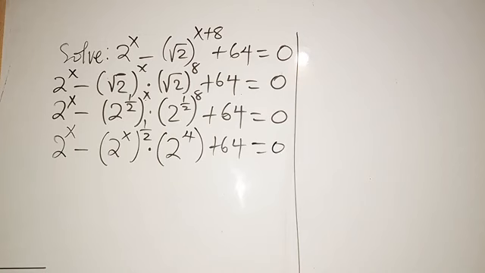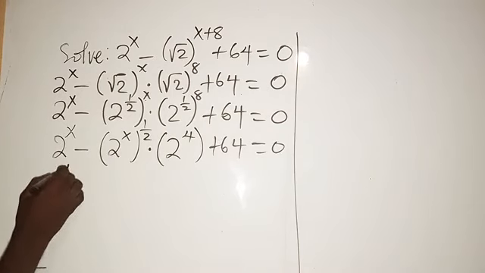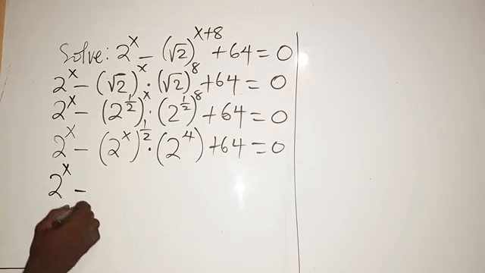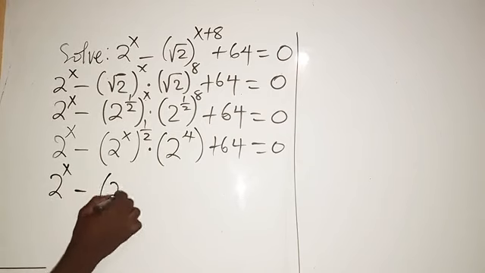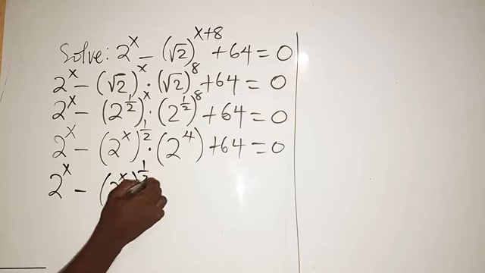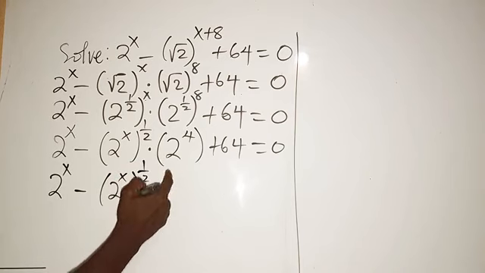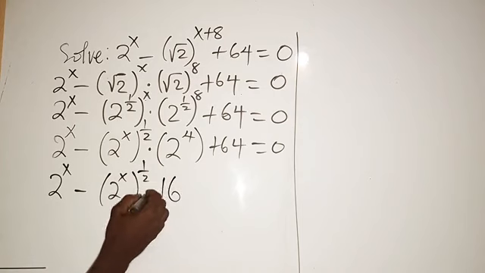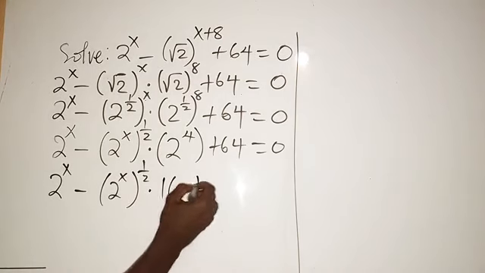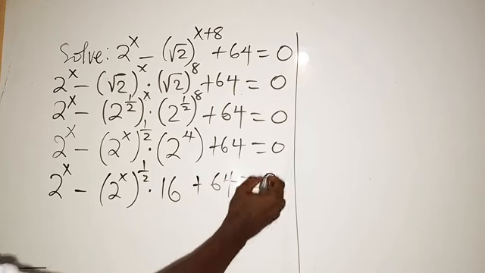Are you following? Now from there, the next thing we have is 2 to power x minus 2 to power x, then 1 over 2, and I have this place to be 16, so multiplying, plus 64 equals 0.